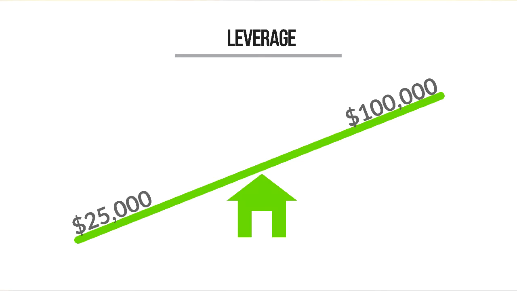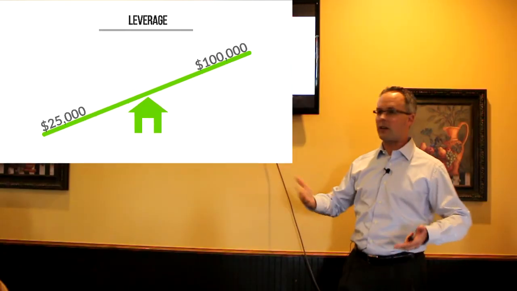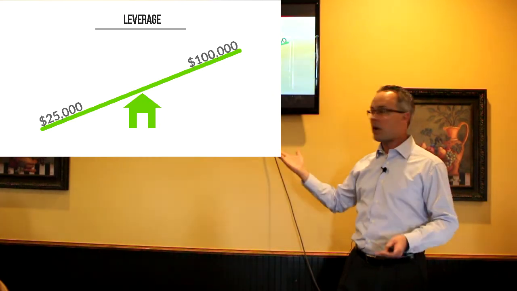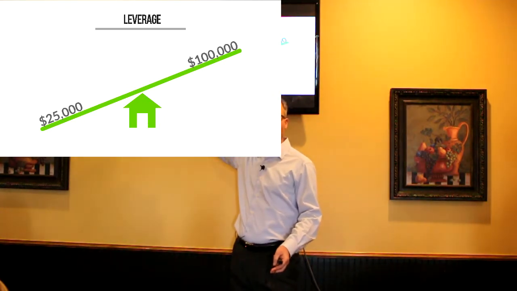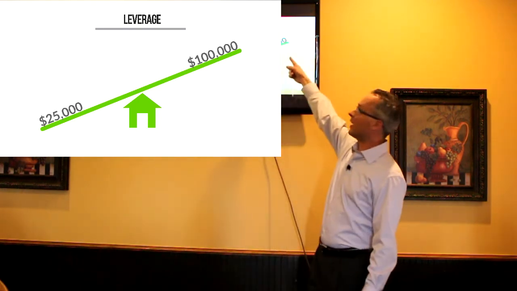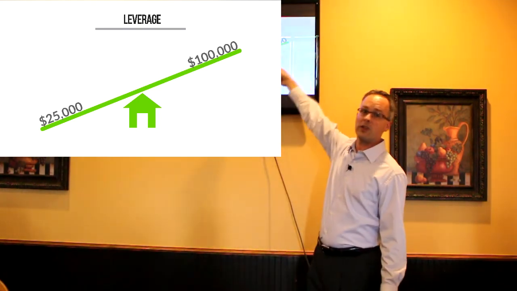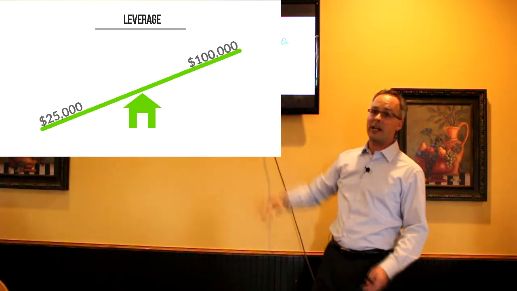Remember, the stocks were going up 7% a year, and the property's only going up 6% a year. So if you look at that, you would think the stocks are going to give a better return than the property, but the 7% on the stocks is 7% on $25,000. With the real estate, it's 6% of $100,000, which is way more money.